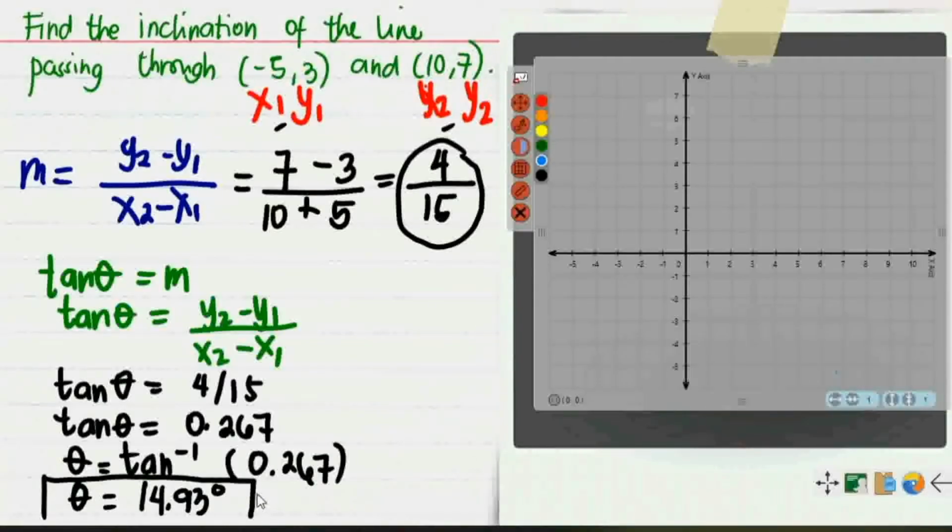I-plot natin yung line and the 2 points which it passes through. So, yung 2 points, negative 5 and 3. And 10 and positive 7. So, ipag-connect natin silang dalawa.